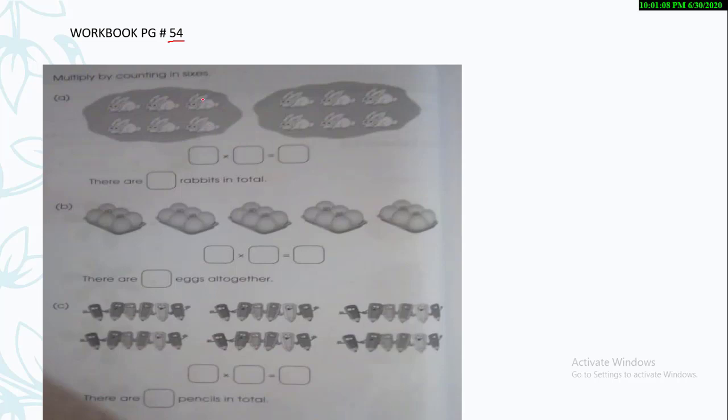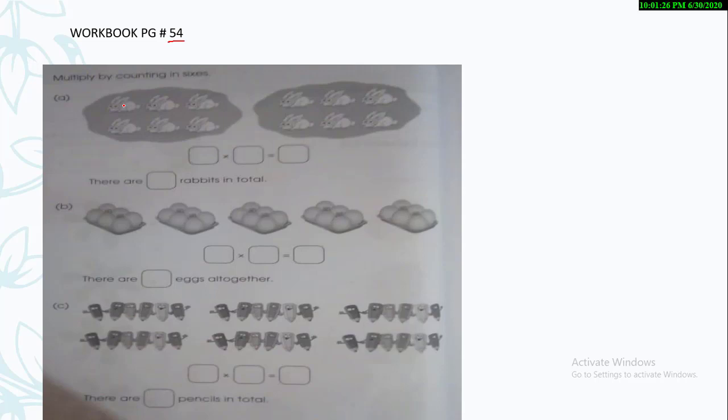You can count first with me to confirm that there are 6 items in each group. This is really important. You are not going to solve the question randomly. Always count the items of each group.